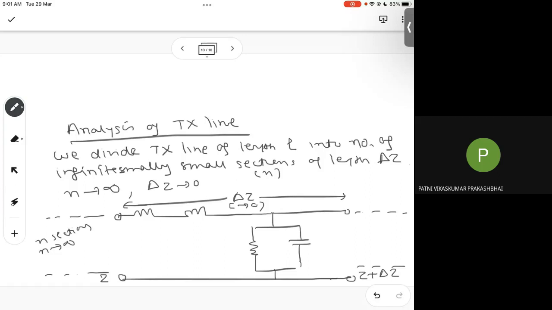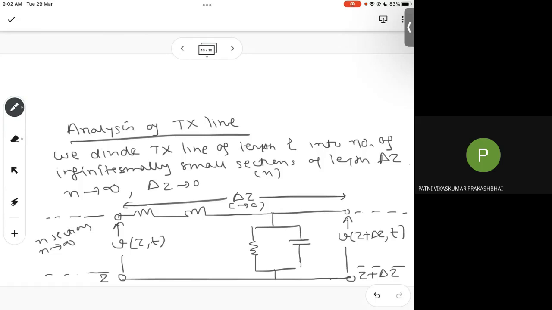Now, if I apply a voltage, here we don't apply a simple voltage. Here it is time dependent, because my voltage also changes, because at every point my behavior of resistor is changing. So let's say this is the voltage at Z, t. And the voltage I get here is V at Z plus delta Z, at the same instant t. Because it is a very small distance, it becomes V(Z plus delta Z, t).